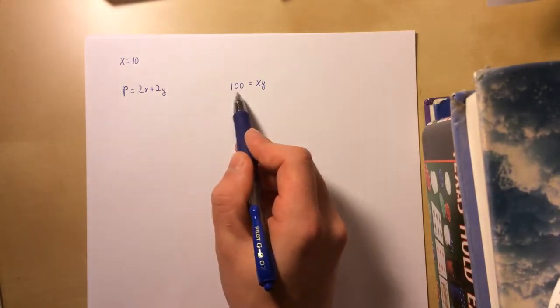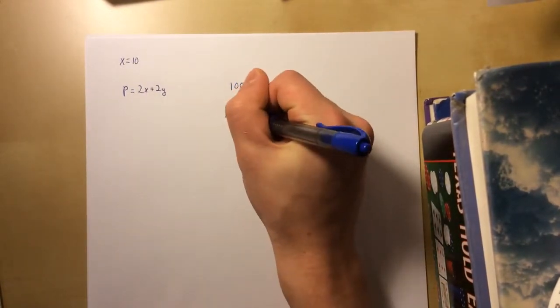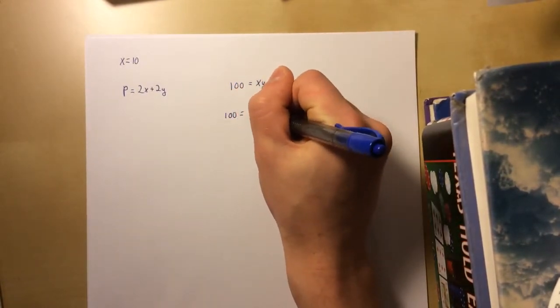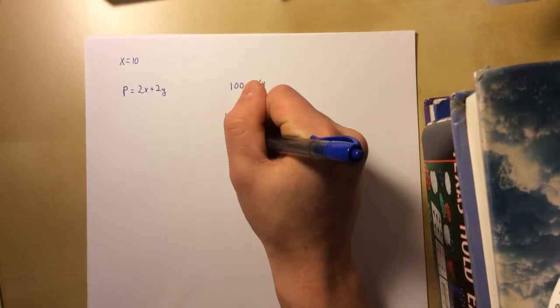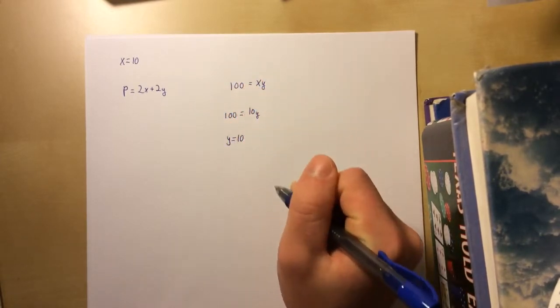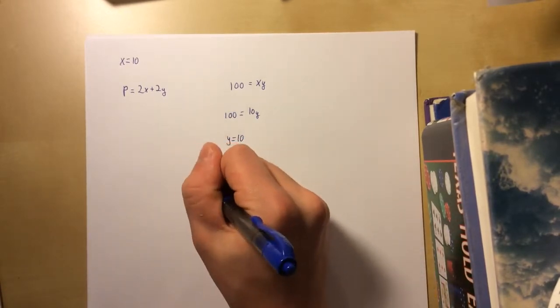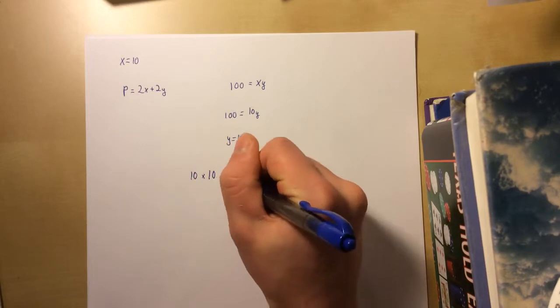What we need to do now is figure out what y is. We know what x is. X is 10. 100 is equal to 10y, which means that y is equal to 10.